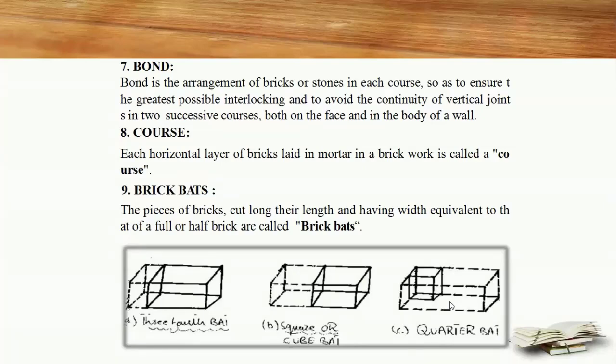Each horizontal layer of bricks laid in the mortar in a brickwork is called a course. Next is the brick bat. It is a portion of a brick cut across the width. The length of the brick bat may be half or three-quarters of the original length.